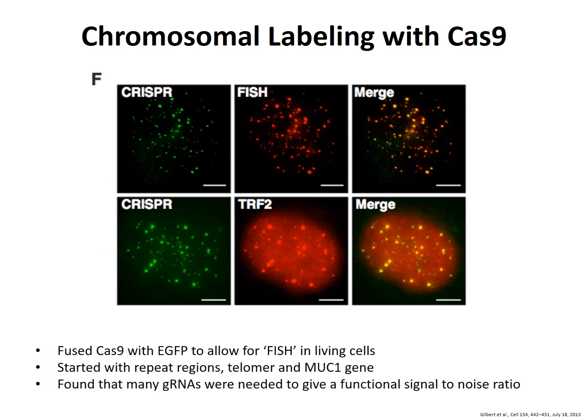And so interestingly, they actually compared this directly with FISH. So they took cells and performed a FISH analysis, or they used this CRISPR-Cas9, and the CRISPR's in green, and then the FISH is in red. And what you can see is that the overlap is quite good with FISH, indicating that these are likely very specific events, making this a useful system.